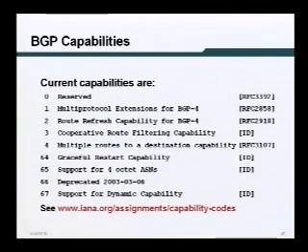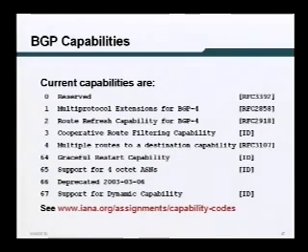The current capabilities that we've got, well, if the BGP implementation supports multi-protocol extensions for BGP, then it will advertise that it has capability code 1, and that will let you know that the neighbor will support multi-protocol BGP.